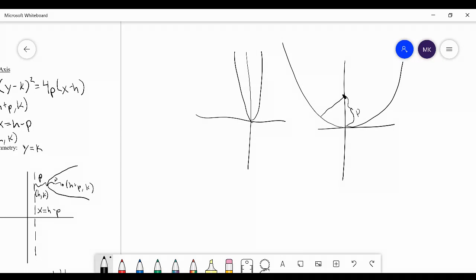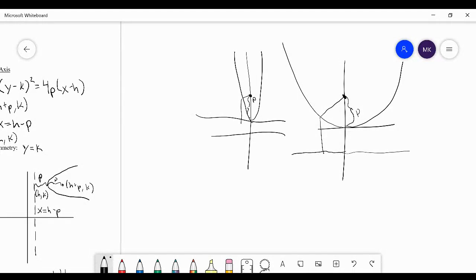We have a similar distance here, if we have a similar p-value. Notice that doesn't work.